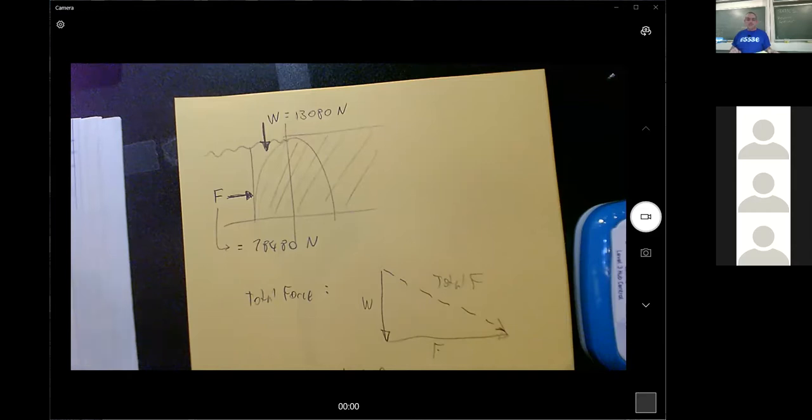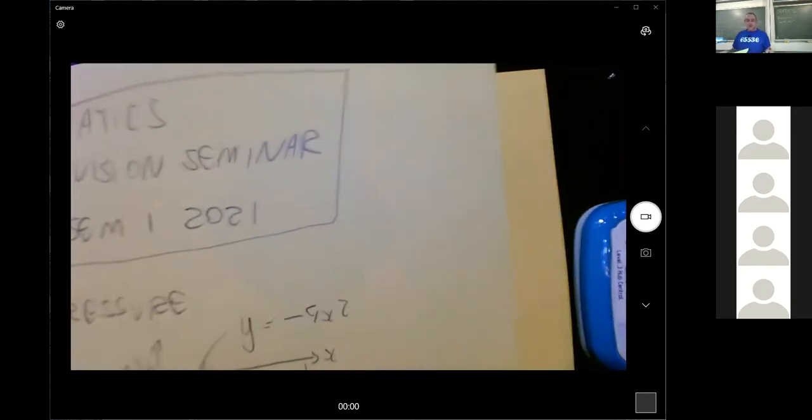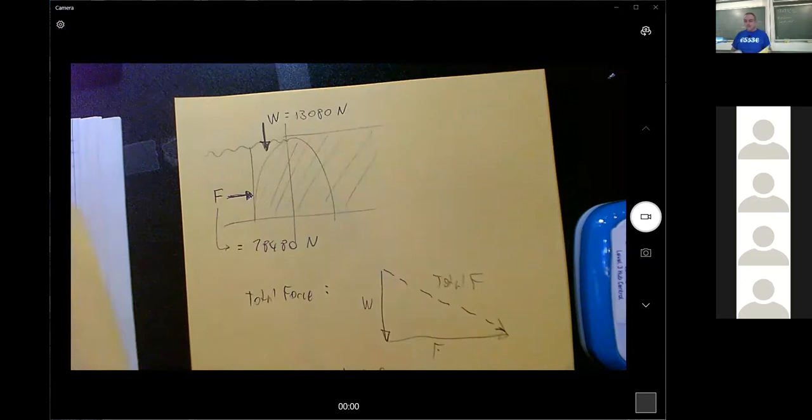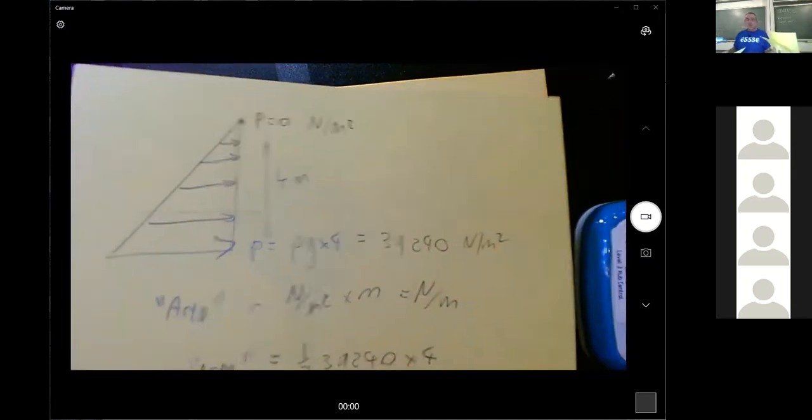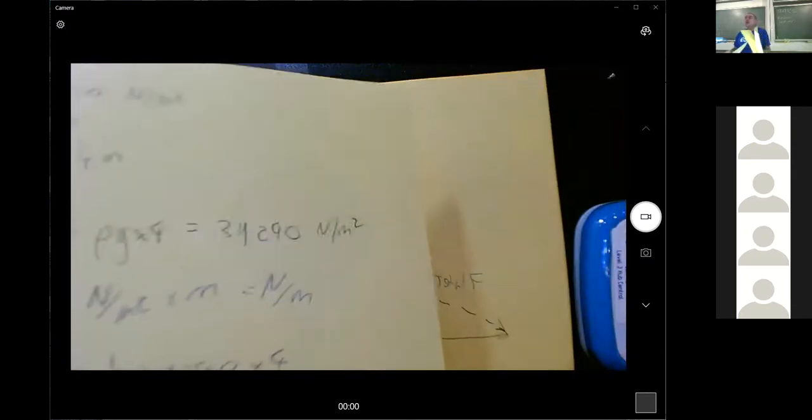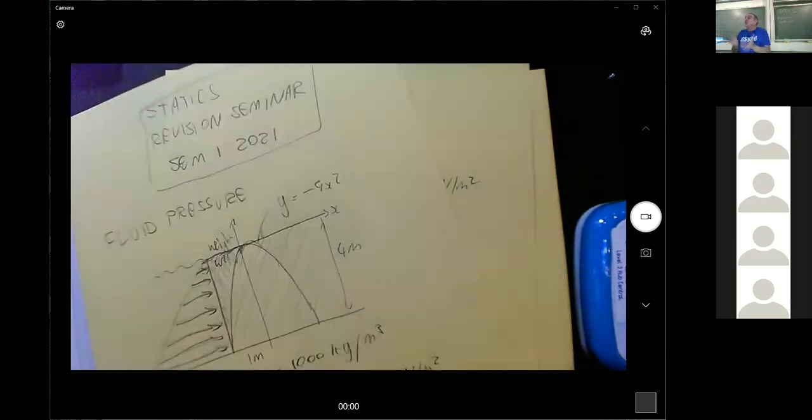Okay. There were some really good questions in the Zoom. Anyone in the face-to-face room got thoughts or questions about this? Cool. All right. So that's pretty much what I could find in your notes about fluid pressure. That's all encapsulated in this one problem, and I don't think we need to do anything else.